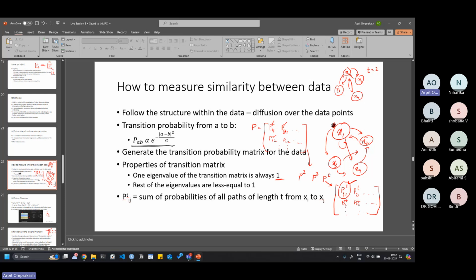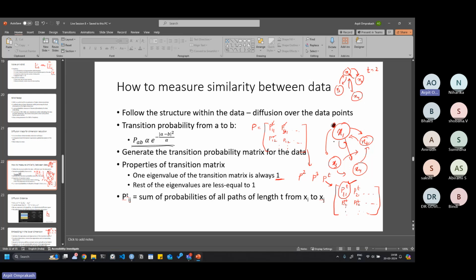So for example, p1 to 1 is the sum of all probabilities of starting at 1 and ending up at 1 in t steps.